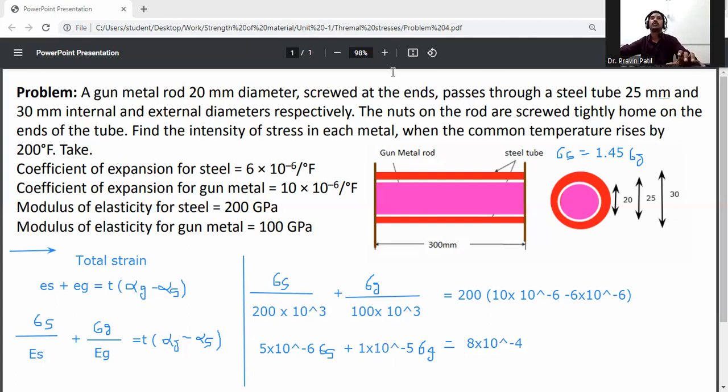So we know that sigma s is equal to 1.45 sigma g. Okay, so put this in this equation, equation number 1. Put this value in equation number 1.